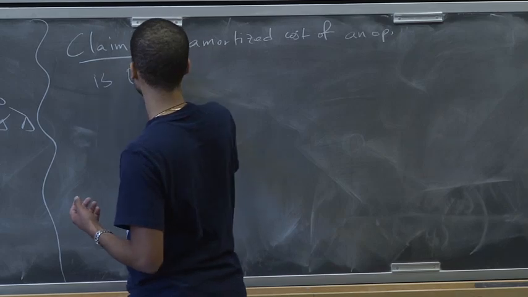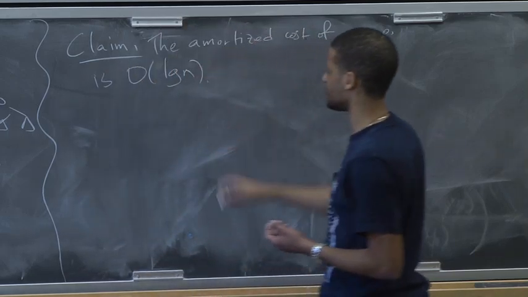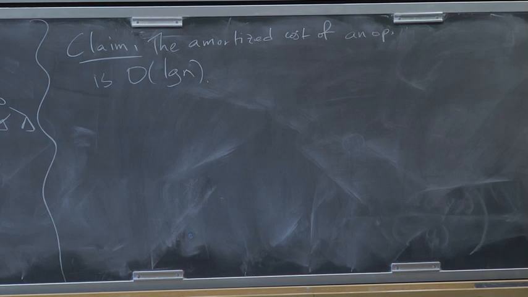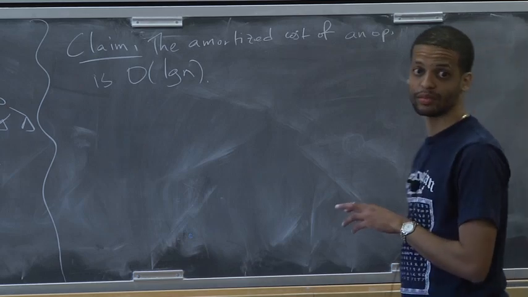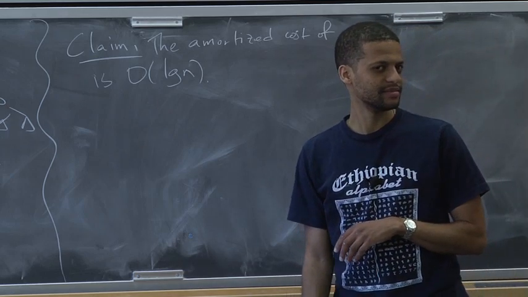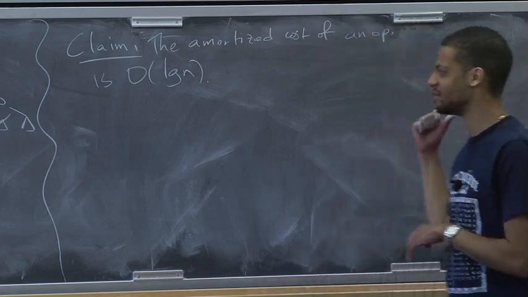Log n. So we're going to use the potential function method. Okay. So before, is that from outside? Okay. Oh yeah, it's someone in the hallway.